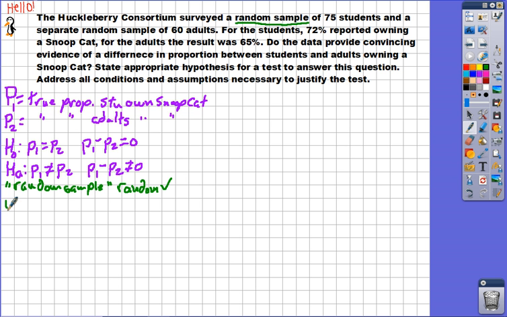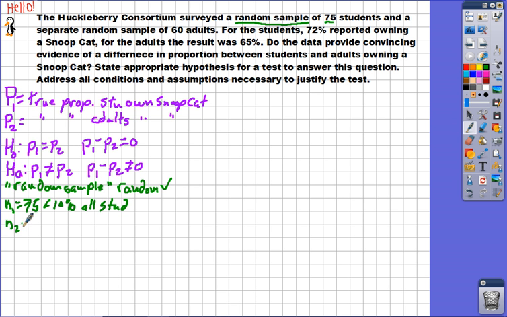So we're going to note that our first sample size is equal to, where is it? Right there, 75. And that is definitely less than 10% of all students. So that would mean there's more than 750 students to choose from out in the world, or from the population of interest.